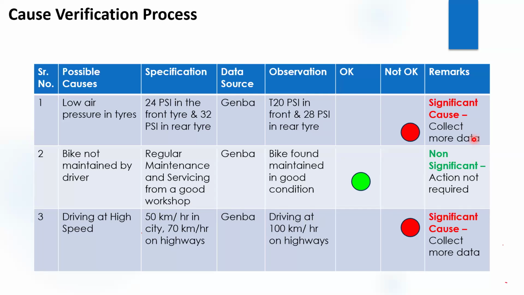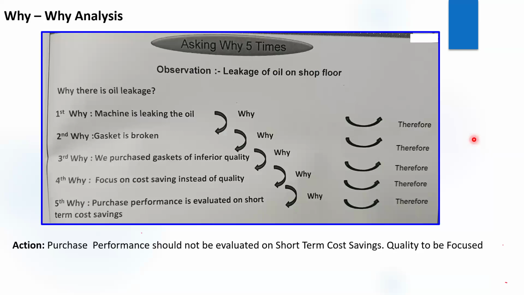Select a problem. Then draw the problem in a box, draw the spine, then draw the skeleton, do the brainstorming, write down the primary causes, write down the secondary causes, then do the cause verification process, and for the significant causes, do the Why-Why analysis. We are not going to cover the Why-Why analysis here, but this is just an example.